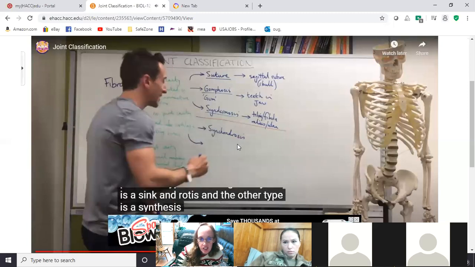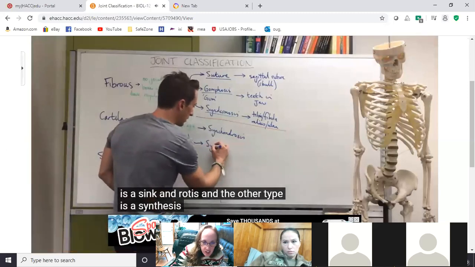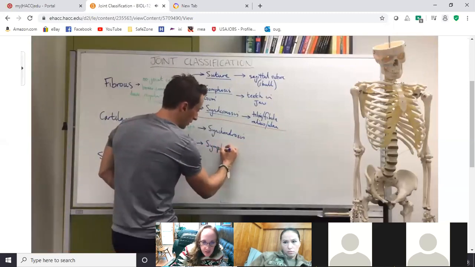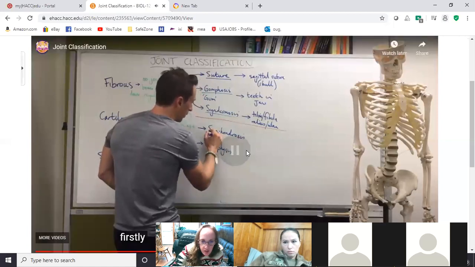And the other type is a symphysis. Where have you seen the word symphysis? What about the pubic symphysis right here? That's an example of that joint.